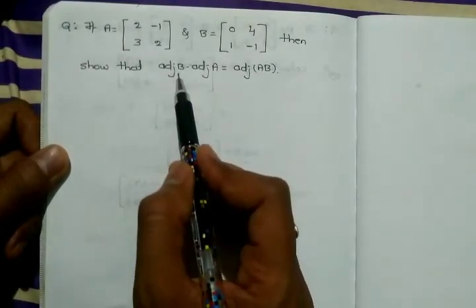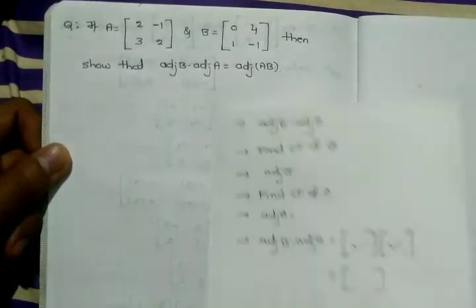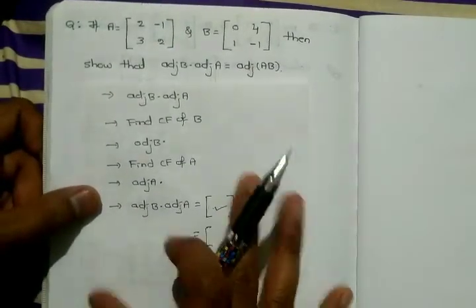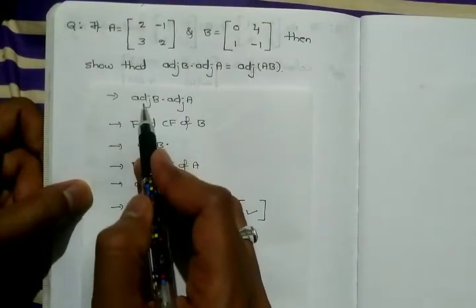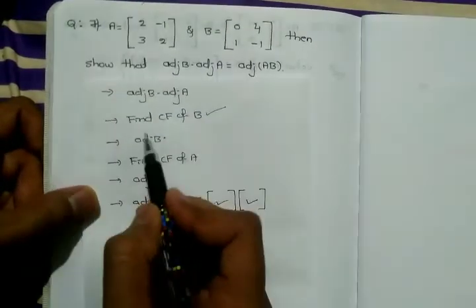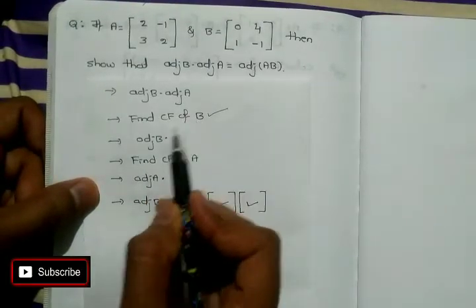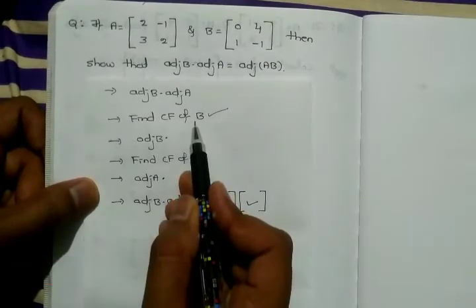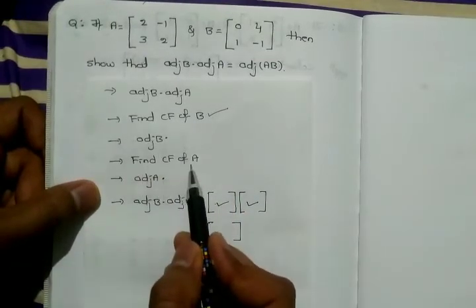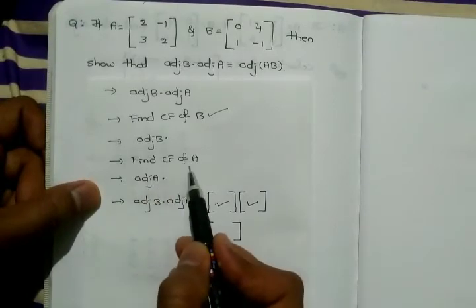So to find this answer, first step, as I already told you, to find adjoint of B into adjoint of A, we need to find the cofactor of B. Next, find adjoint of B by taking the transpose. Next, find the cofactor of A. Again, find adjoint of A by taking the transpose.